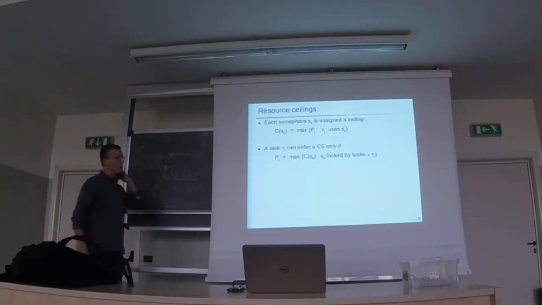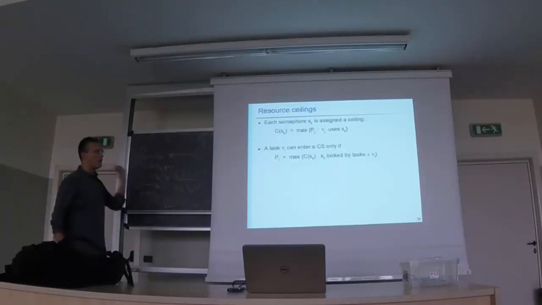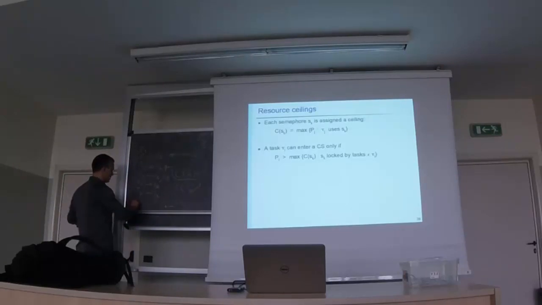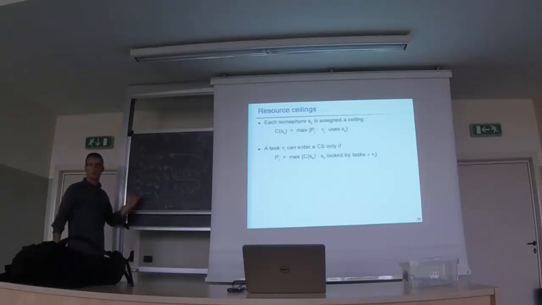Okay? Well, then a task can enter a critical section only if its priority, so tau 5, when it starts executing, can enter a critical section only if its priority is greater than the ceiling of the currently locked semaphore. If no semaphore is locked, tau 5 can lock this semaphore.